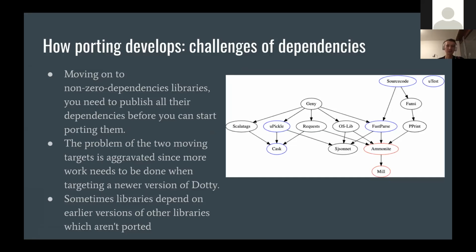Things get even more interesting when we go from porting a zero dependency library to a non-zero dependency library. The previous slide covered the situation which arises when we port a zero dependency library, but this slide aims to present what happens when you have already ported all the zero dependency libraries and you're going on to libraries with other dependencies.